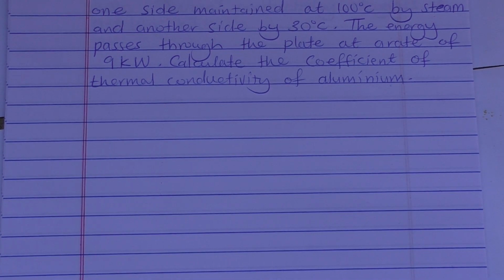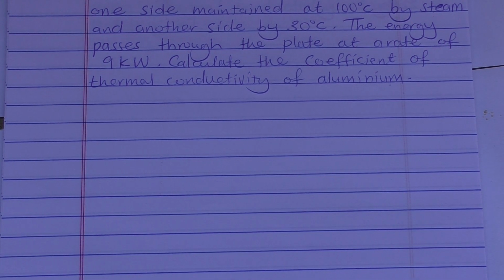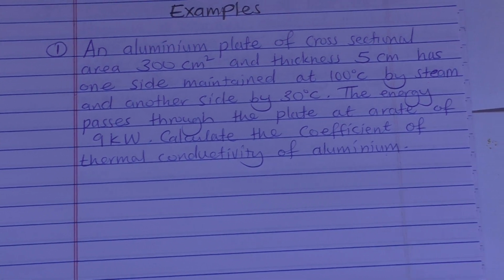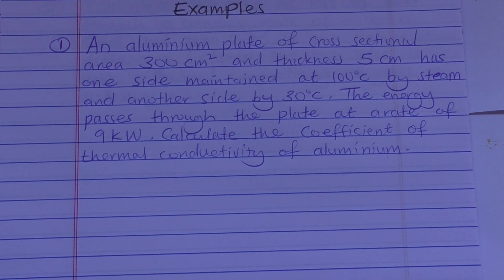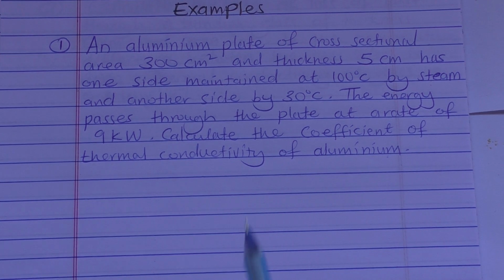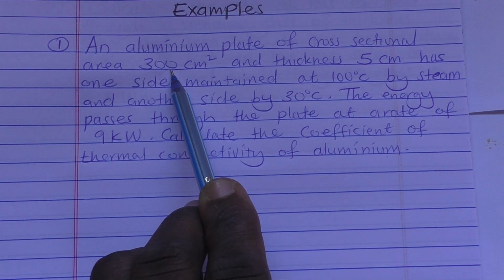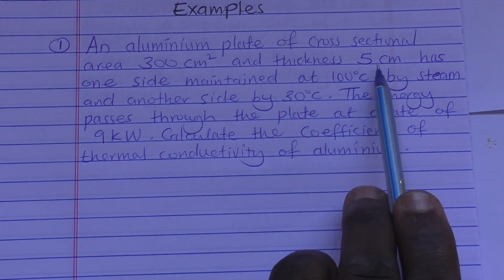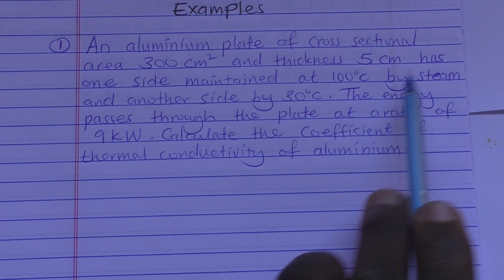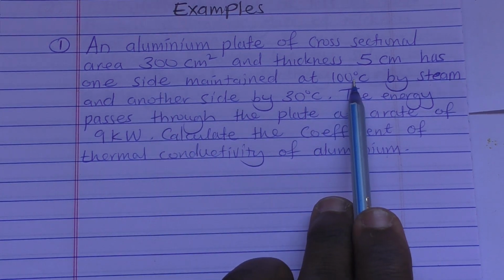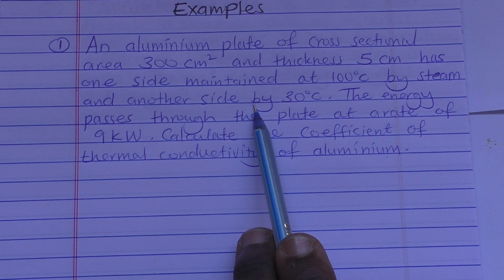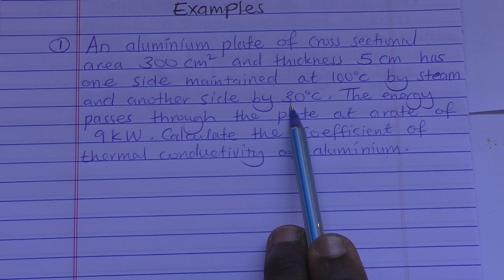We have examples concerning the above equation. Example 1 gives us an aluminum plate of cross-sectional area 300 centimeters squared, thickness of 5 centimeters, and has one side maintained at 100 degrees Celsius by steam, and the other side is maintained at 30 degrees Celsius.